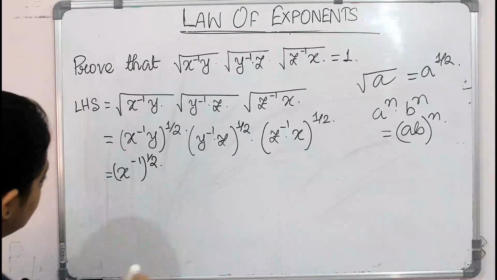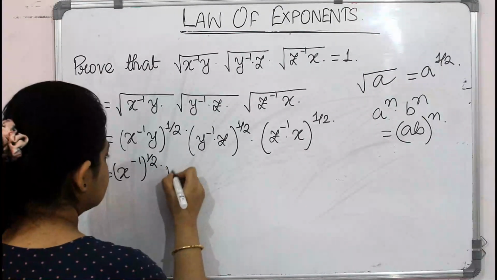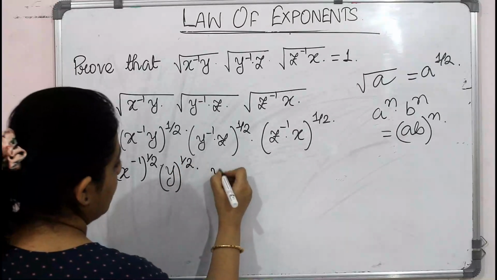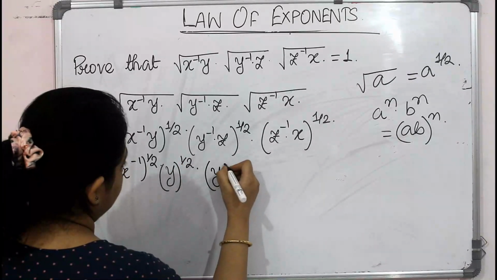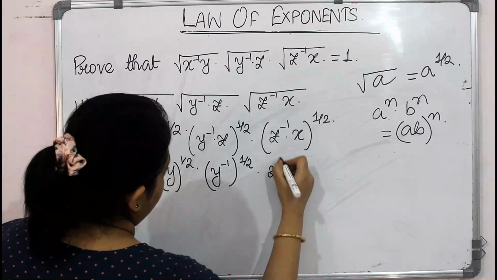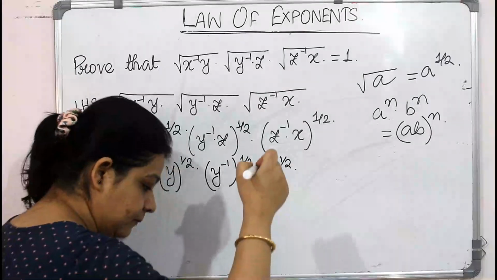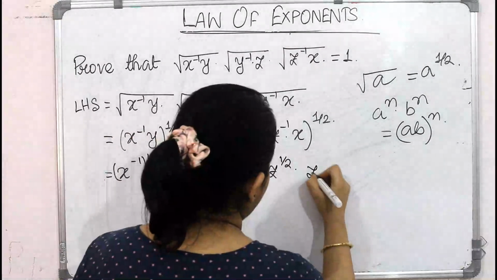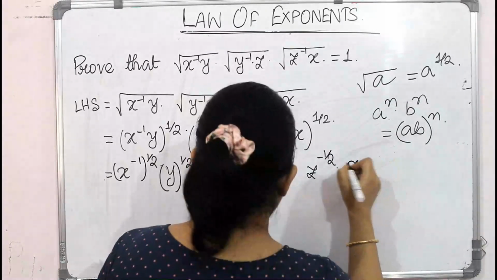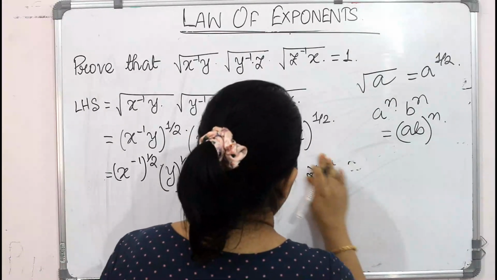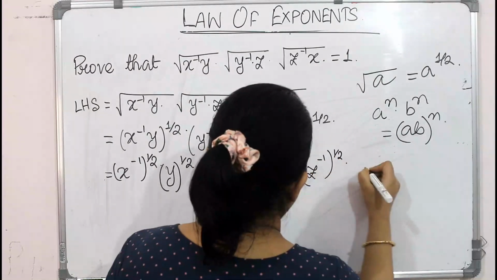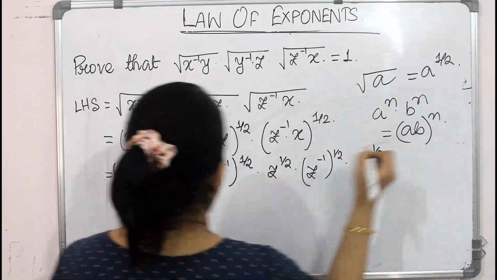Okay, let me show you with another extra step, though you don't need this step, but still I will show you. So y to the power of minus 1 times half, z to the power of half, this will be z to the power of minus half, and x to the power of half.